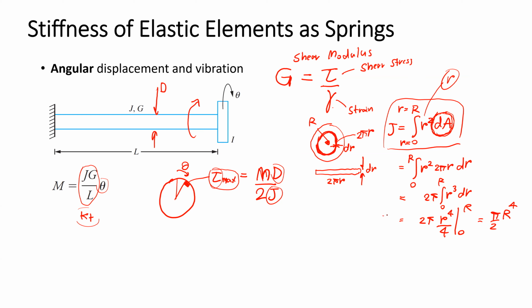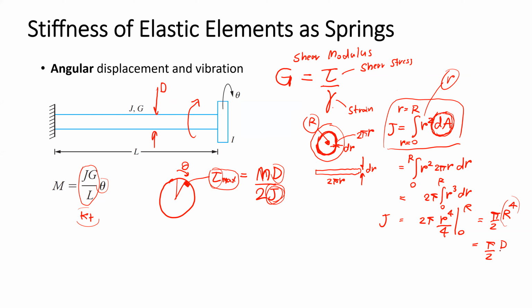Here, the second moment of area is written in the form of the radius of the rod. To make it correspond to the formula of tau, try to change it to be the diameter.